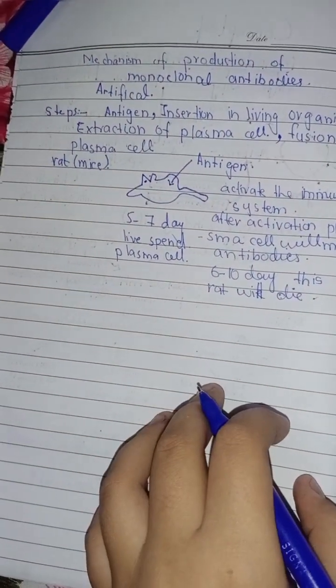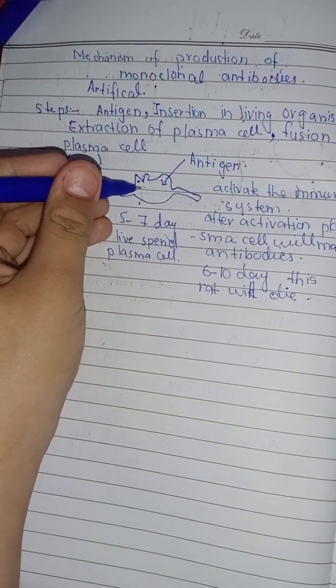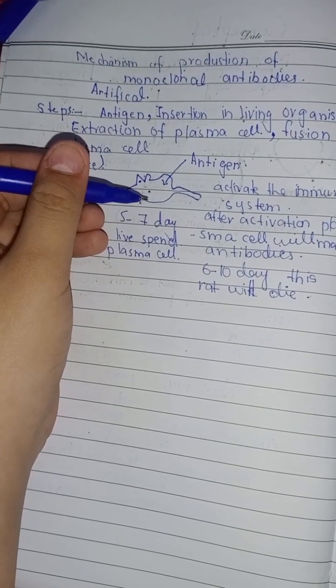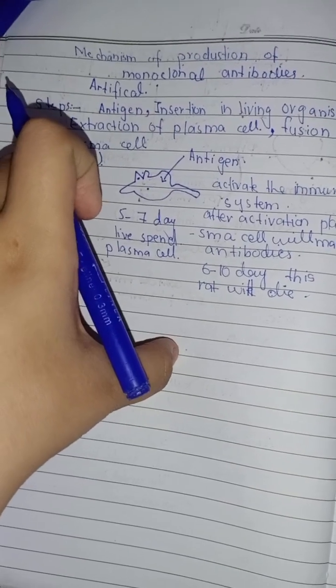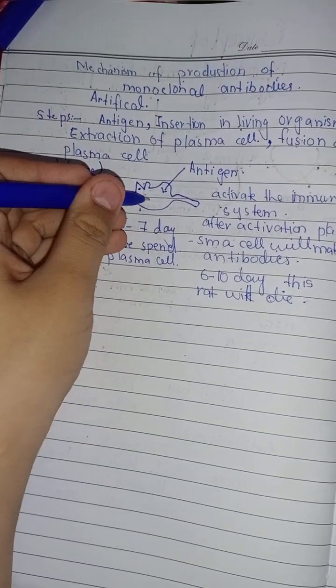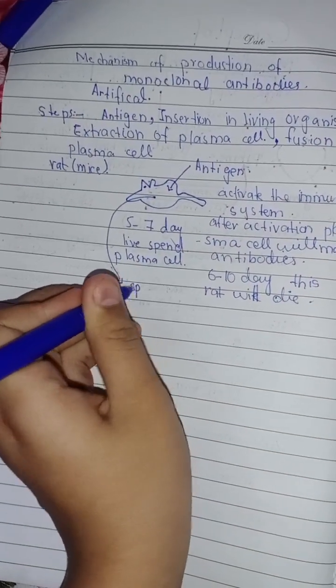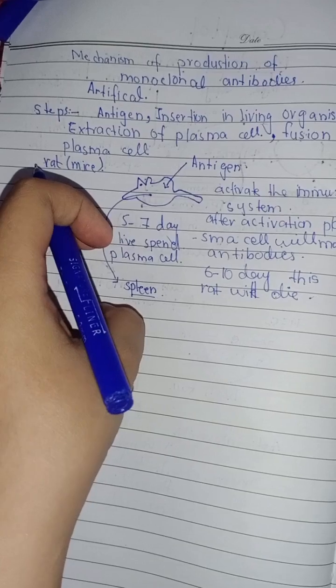Okay, so let me explain one more thing. In the rat we need B cells. B cells are present mostly in the spleen. The spleen is a part of our body, an organ. Most of the B cells are present there.